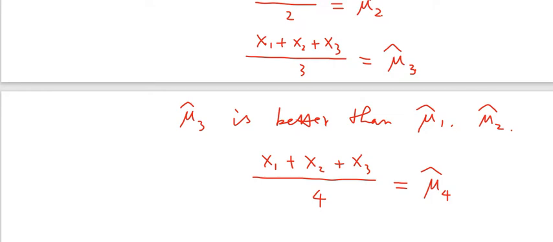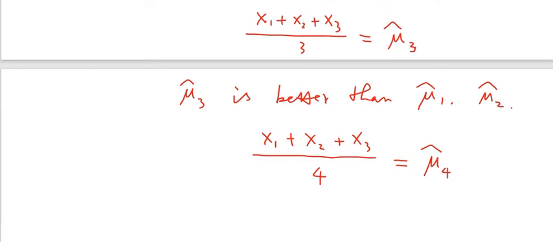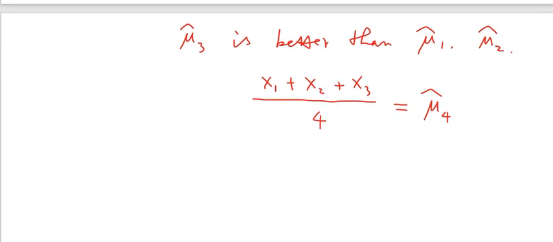We use all of them, but why divided by 3 or why divided by 4? Is divided by 3 better than divided by 4, or the same? So from here we judge which estimator is better.